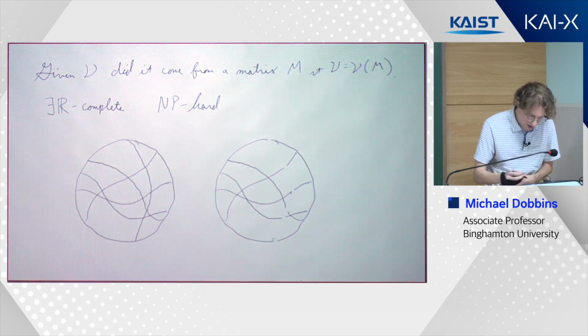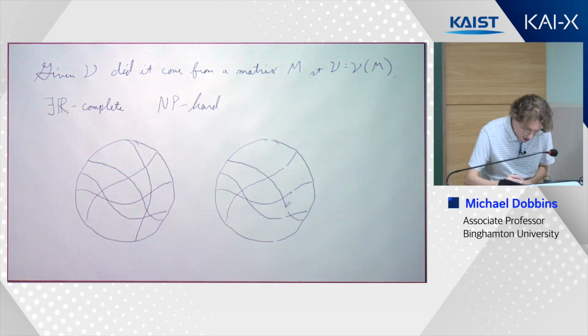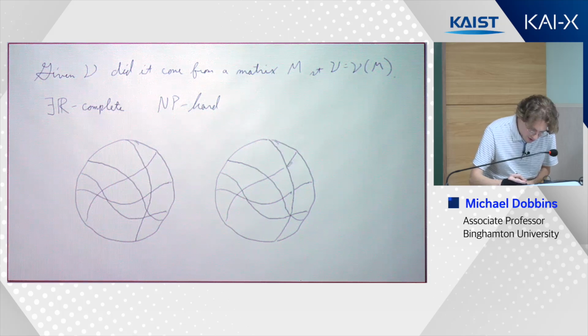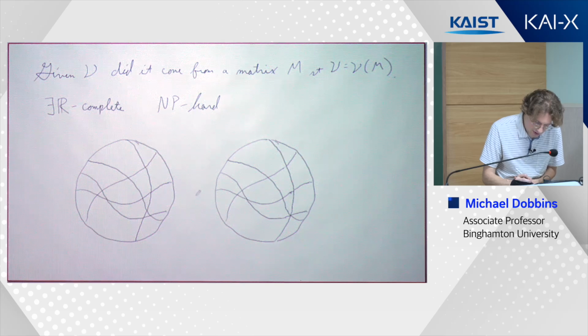I could replace this one pseudo-line here with a pseudo-line that maybe goes right through this point, and then say this is lower in the poset, which is the weak order.